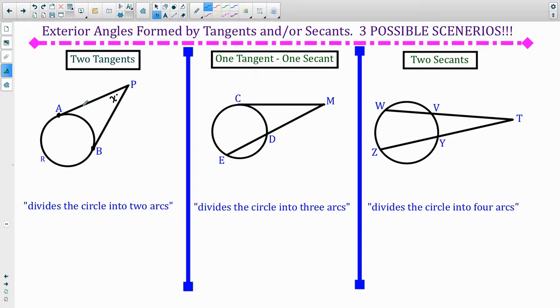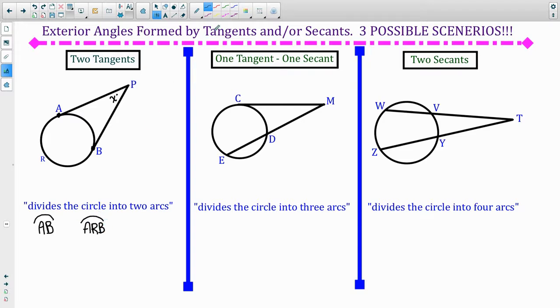Here, you could see that we're going to have minor arc AB and we're also going to have major arc A, and I put that little point there so we can understand that we can go the other direction, ARB.